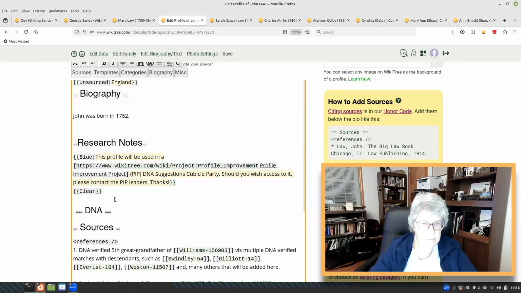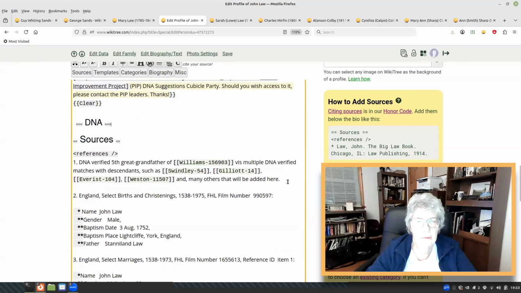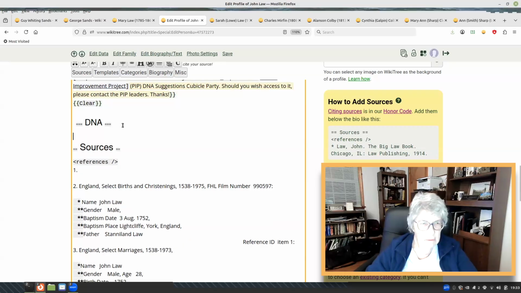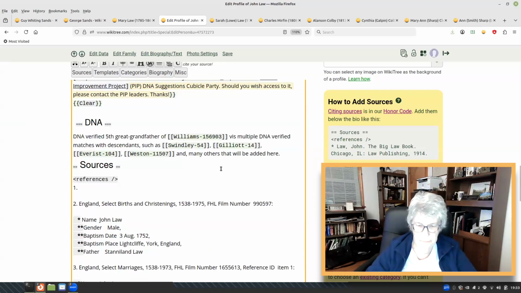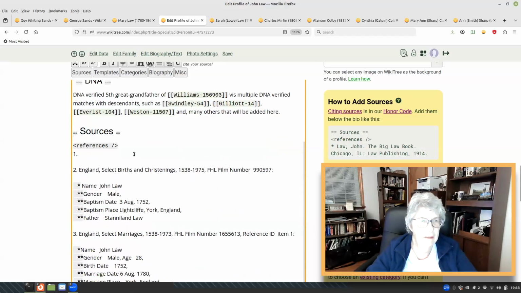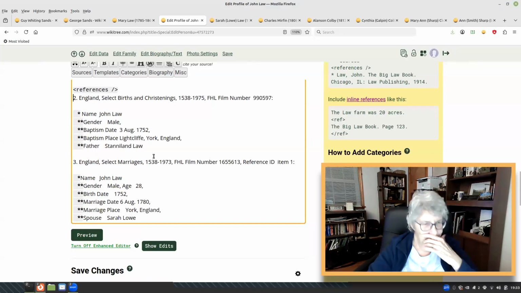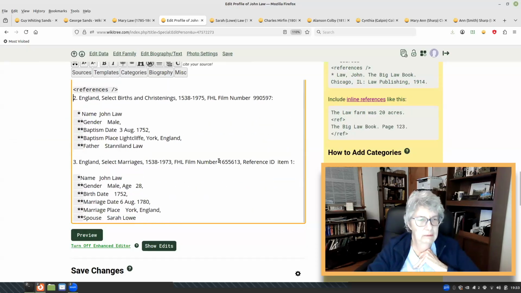Subsection under the research notes. And we're going to put the DNA there because it's not a valid DNA confirmation. I guess I shouldn't bother doing that. It needs more cleanup, it needs better sourcing, but we'll let someone else deal with that.